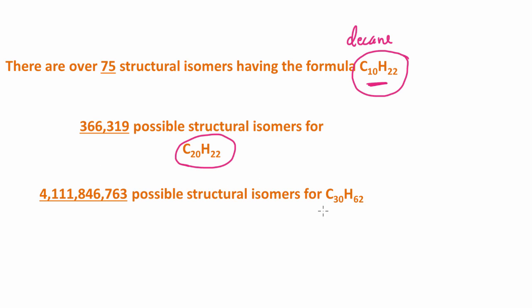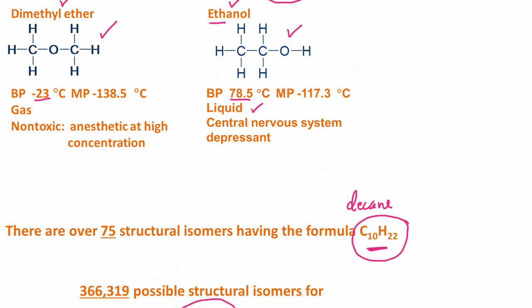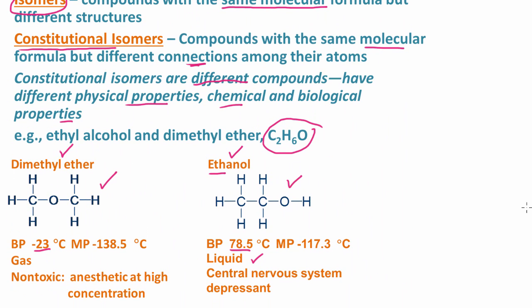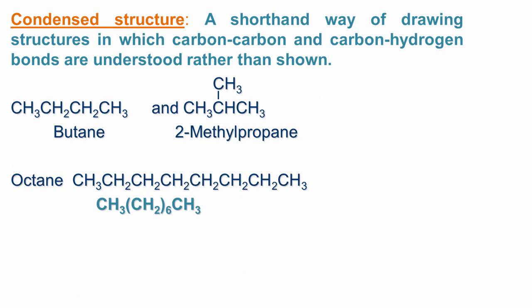For something with 30 carbons, we can draw over 4 billion possible structural isomers. Again, are all these going to exist? No, for many different reasons. But many organic compounds have isomers. We're just talking about constitutional isomers here, but there are other types of isomers that we'll talk about a little bit later.